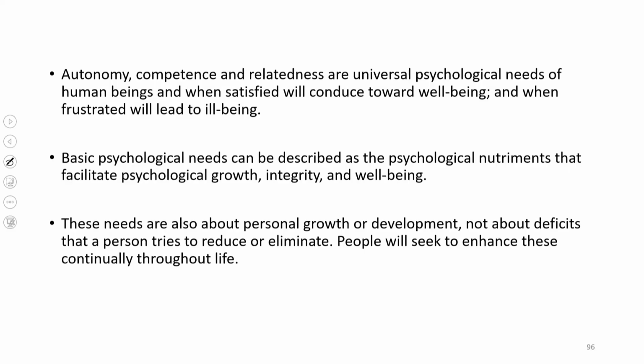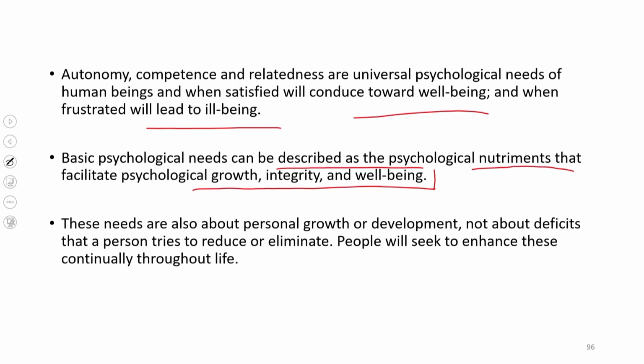People in every culture and every country desire these things, and when satisfied, this leads to higher well-being, and when frustrated, it leads to ill-being. When these needs are frustrated, people experience psychological problems, to the extent they are frustrated. These basic psychological needs can be described as psychological nutriments that facilitate psychological growth, integrity and well-being.